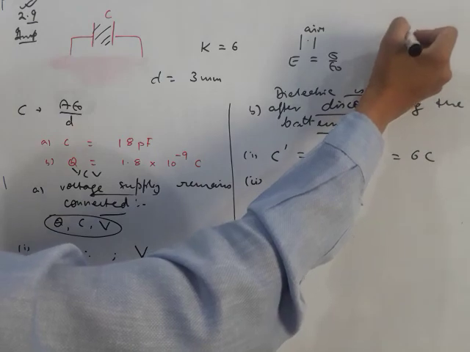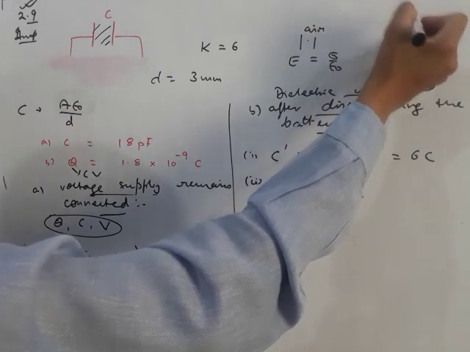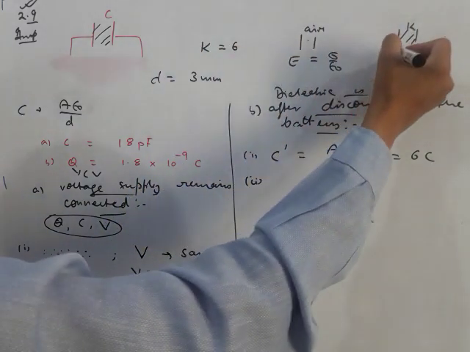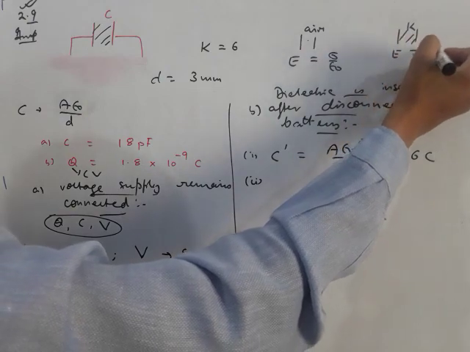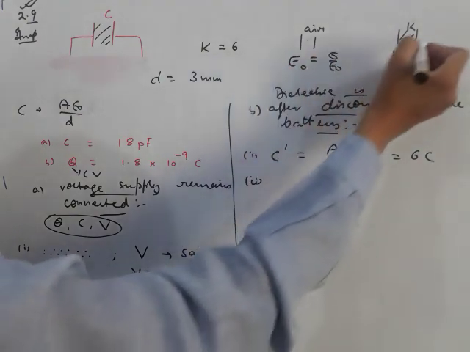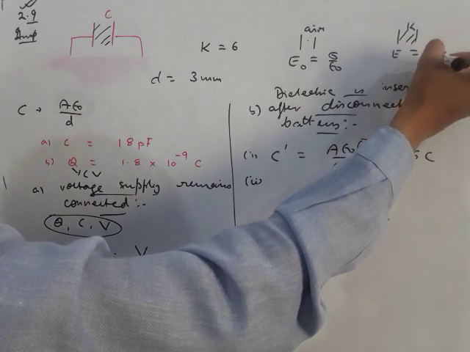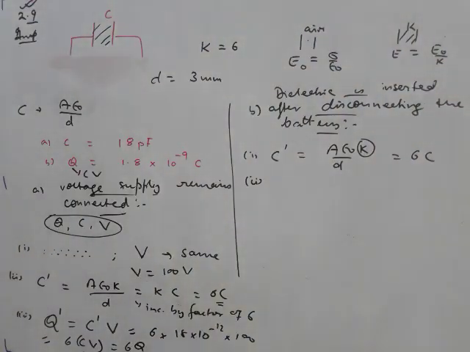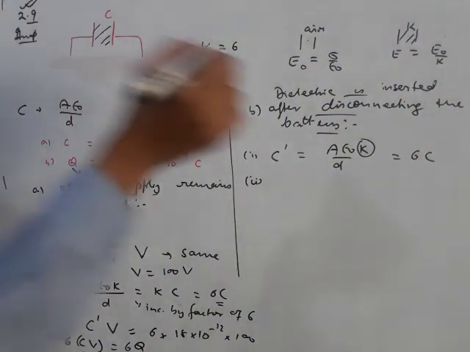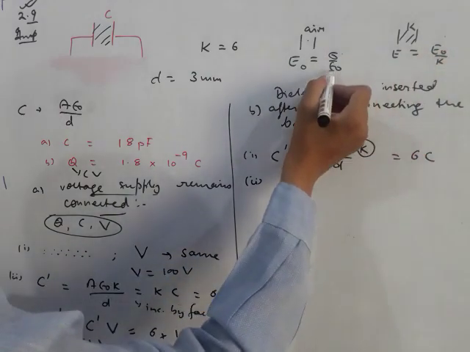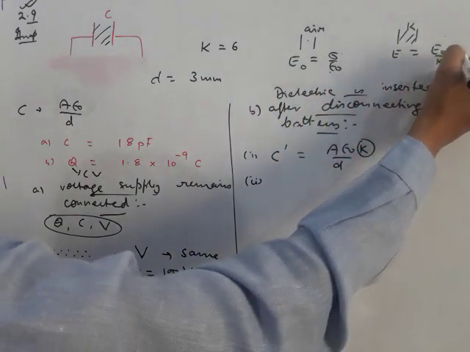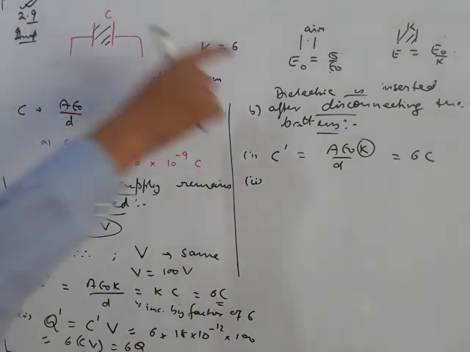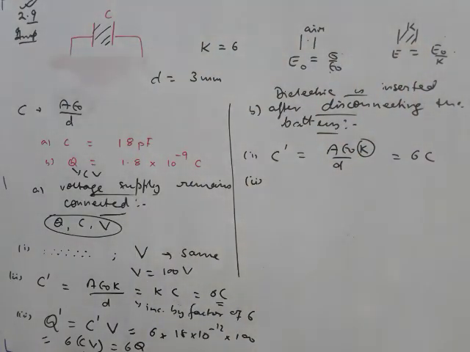And when this space is filled with a dielectric of dielectric constant K, then the electric field between the plates becomes how much? If I write this as E naught, this becomes E naught upon K. You know this. Electric field will be decreased by a factor of K. So it becomes sigma by epsilon naught into K.